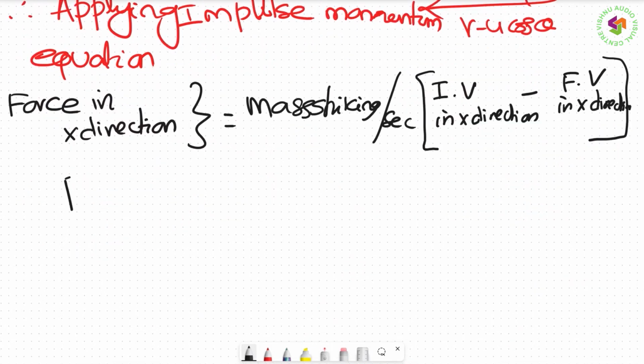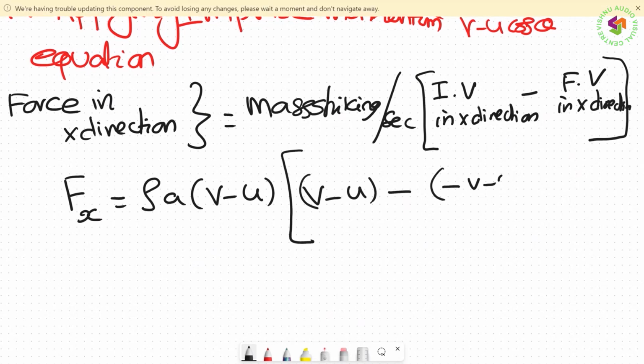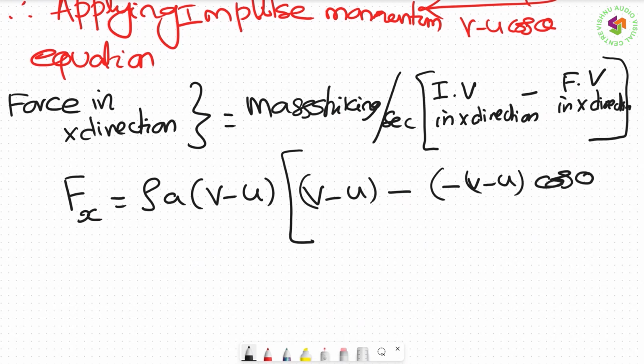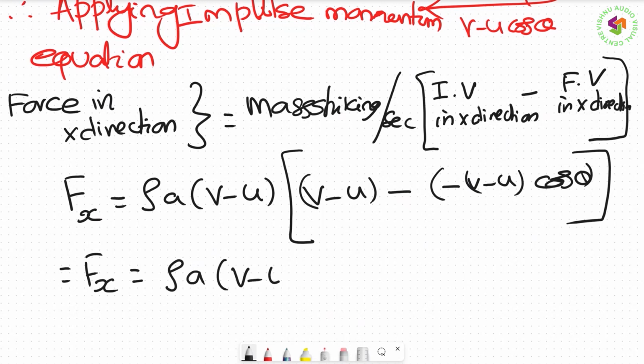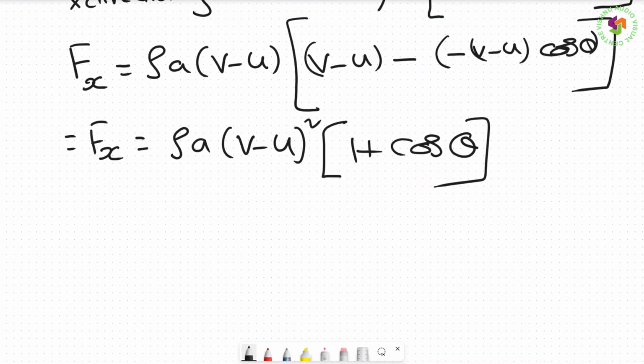Therefore, Fx is equal to rho A into V minus U into V minus U minus of minus V minus U cos theta. So Fx is equal to rho A into V minus U whole square into 1 plus cos theta. This is what we are getting.